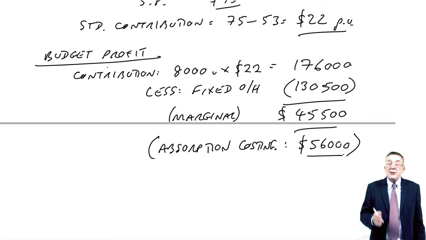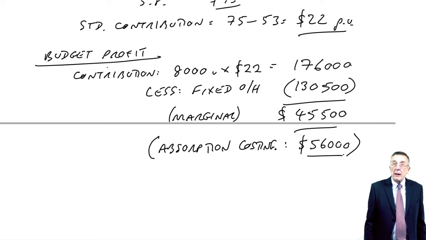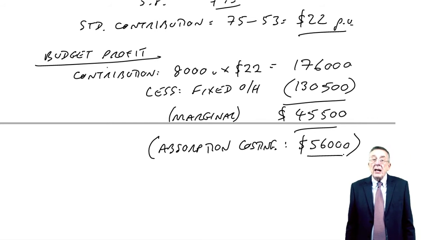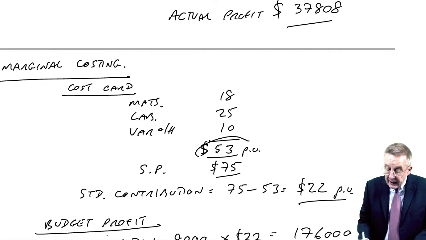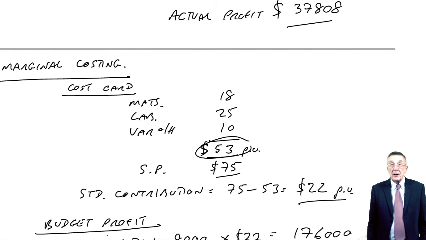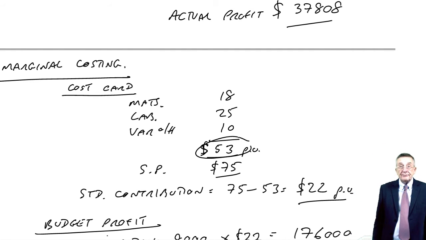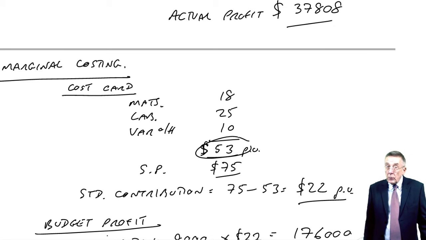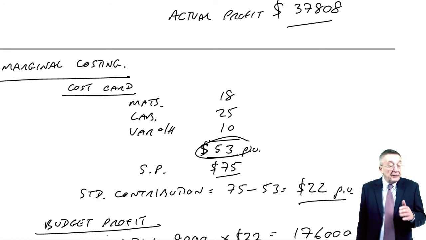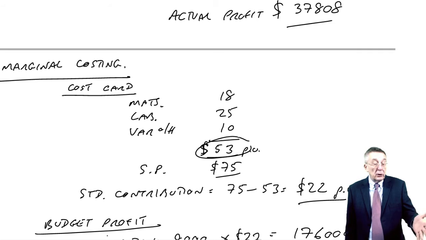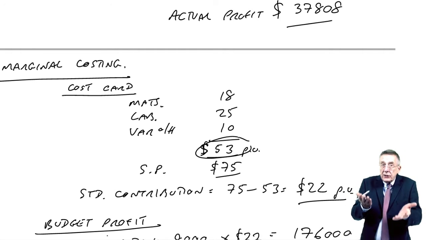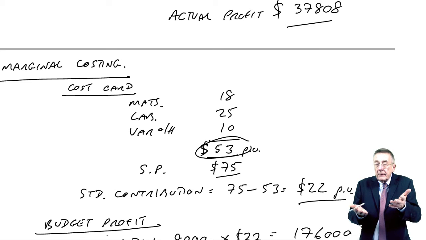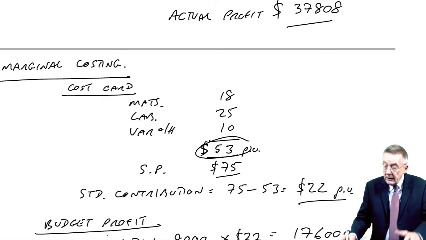The only reason ever they give different profits is because the inventories are valued differently. With marginal costing, inventories are valued at the marginal cost per unit, here 53. With absorption costing, they're valued at the full cost per unit, which if you look back was 68. And of course, if you value your inventories differently, automatically you have different profits.